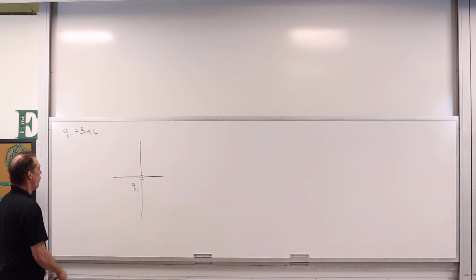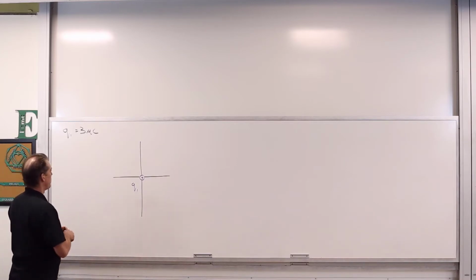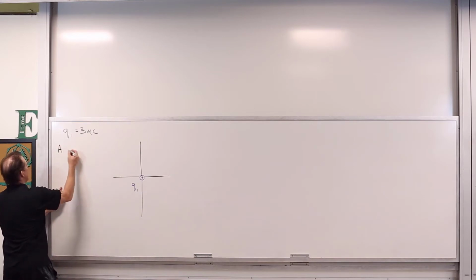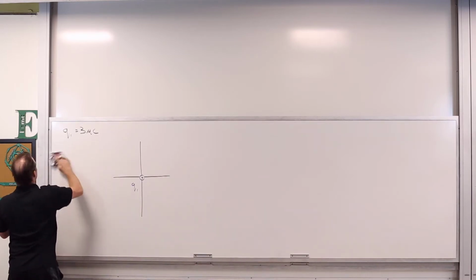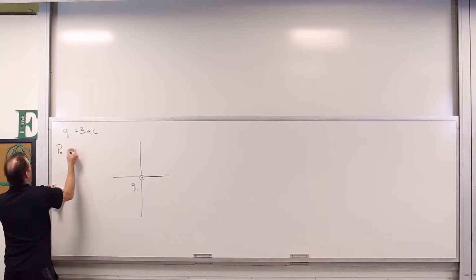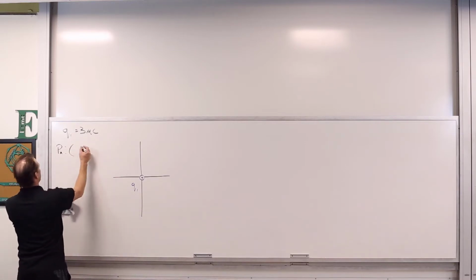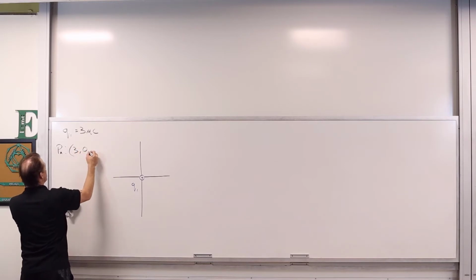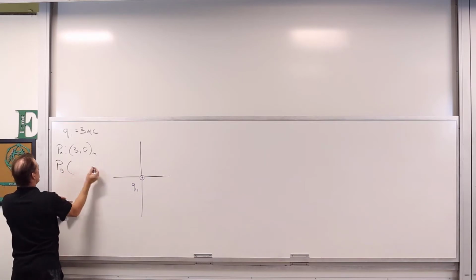And we want to know what is the potential difference between 2 points. We're not told what those 2 points are yet, but let's say that point A is (3, 0) meters and point B is (2, 5).